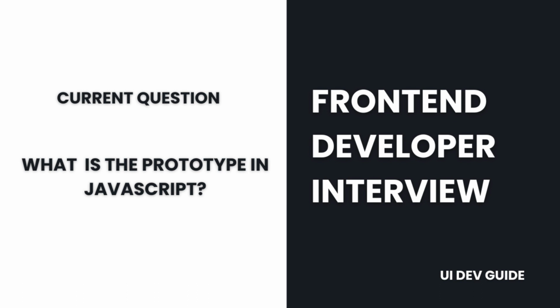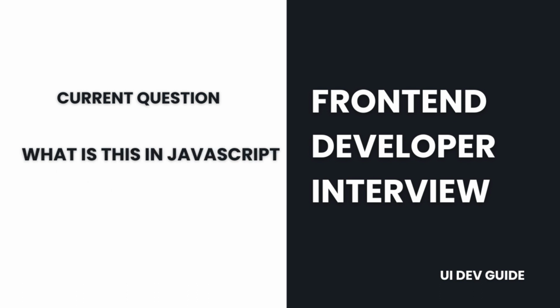Okay. So what is this in JavaScript? It refers to the context, like the object that we are calling it with. What is the problem with this?